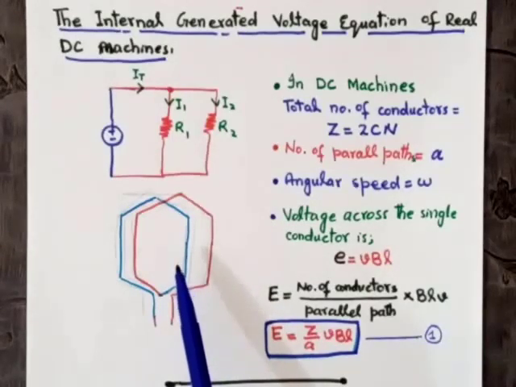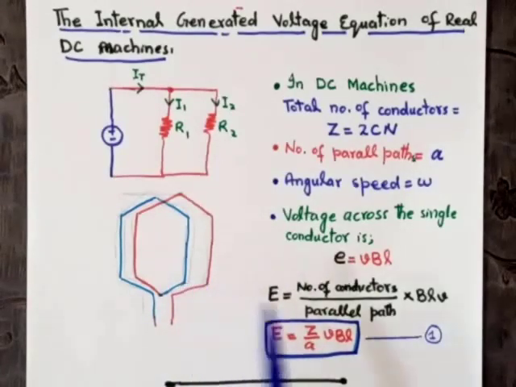As we have already discussed, the induced voltage is equal to the number of conductors per parallel path into the voltage induced in a single conductor.